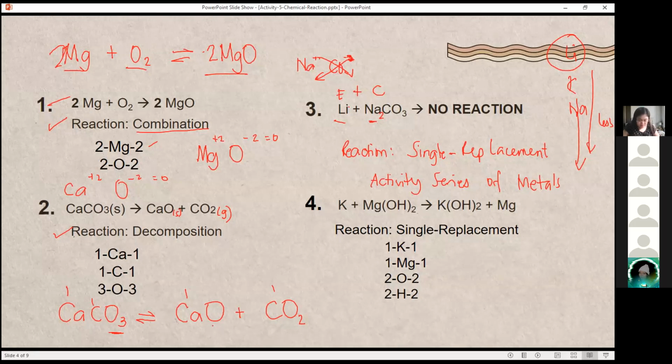Wait lang. Yes po, ma'am. Let me check the activity series of metal. I was actually thinking that lithium ang nasa pinakataas. Why? This is for water.